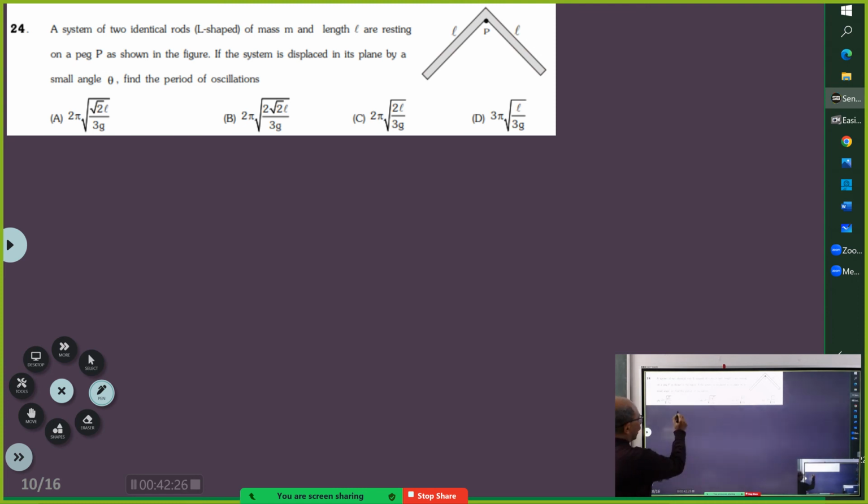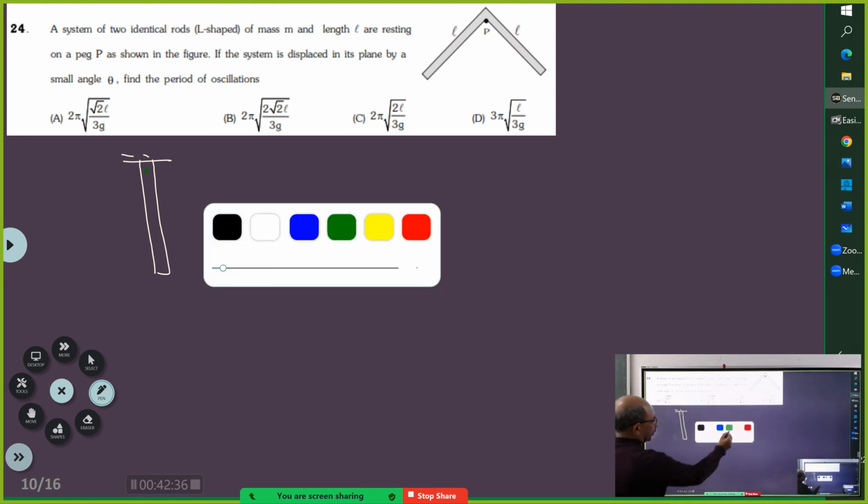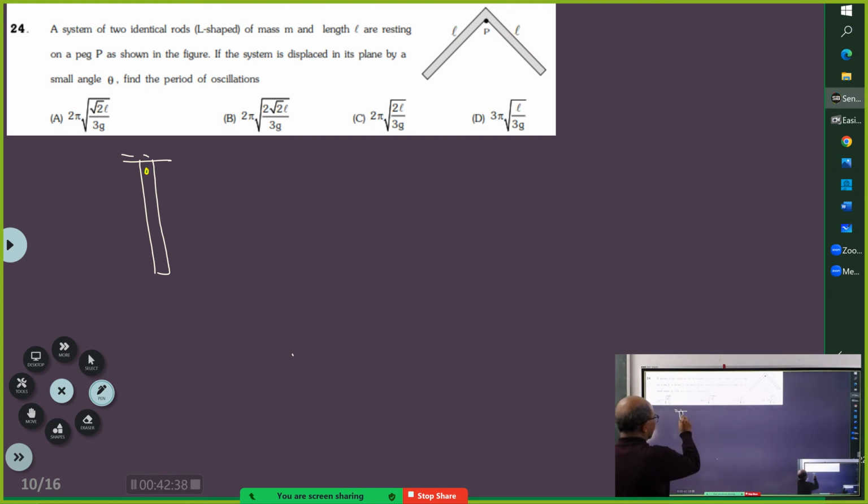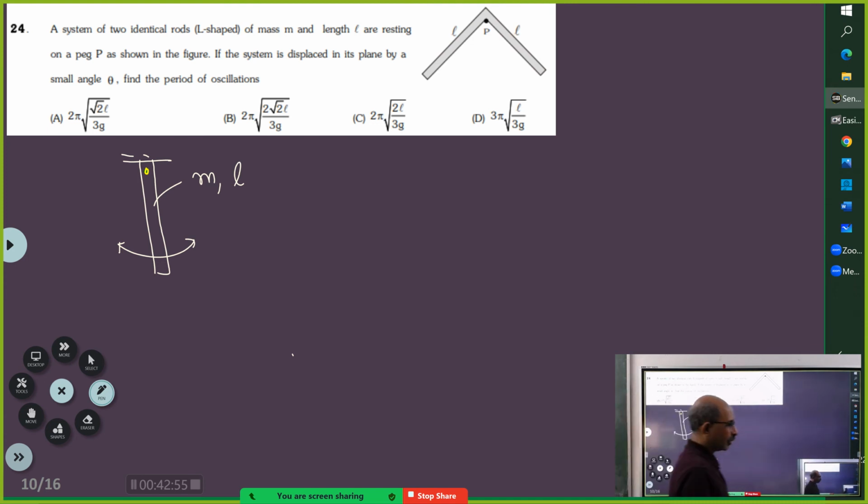That is, I have a rod. Now this rod is suspended. This rod is hinged. So if you remember, this is the rod of mass m, length L. So if you quickly know how to do this, we can do this. Do you know how to handle this?